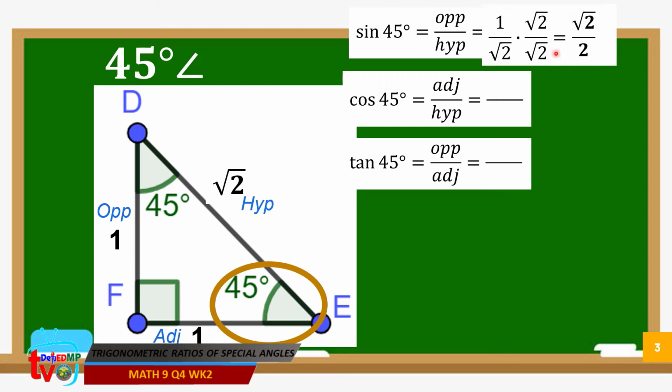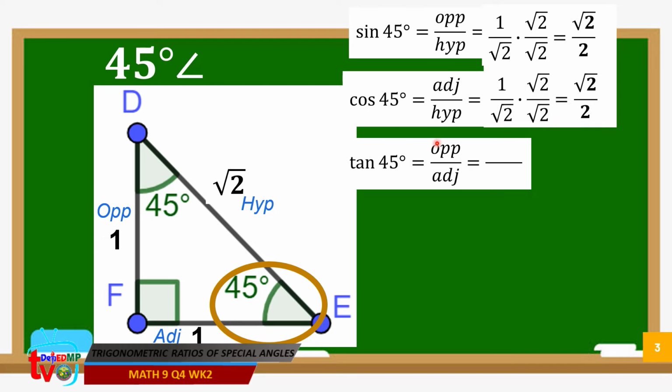When rationalized, it is square root of 2 over 2. And cosine 45 degrees is adjacent over hypotenuse. That is 1 over square root of 2, rationalized as square root of 2 over 2. And lastly, tangent 45 degrees is opposite over adjacent. That's 1 over 1, which is simply 1.